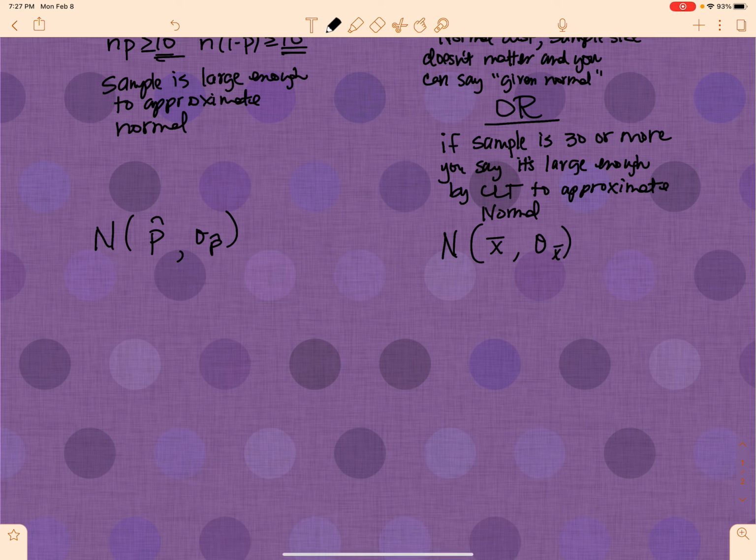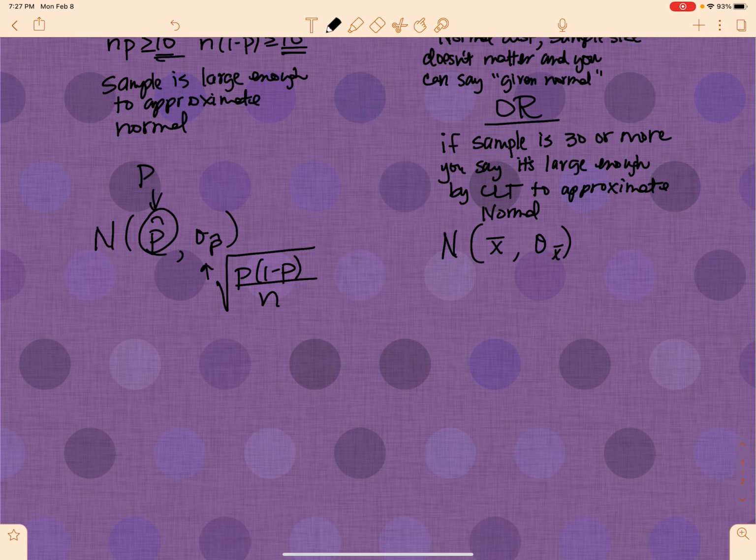So how do we do that, Miss Griggs? Well, whatever P you were given in the problem, that goes right there. And the standard deviation for your distribution is going to be the square root of P, the P you were given, times 1 minus P over the sample size. Don't forget that everything is in the square root.